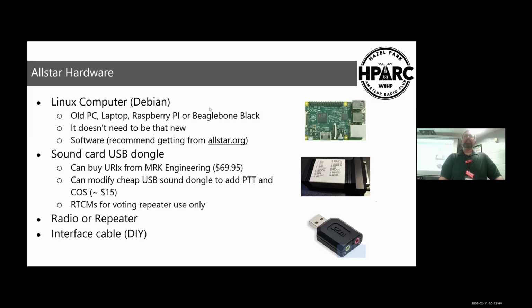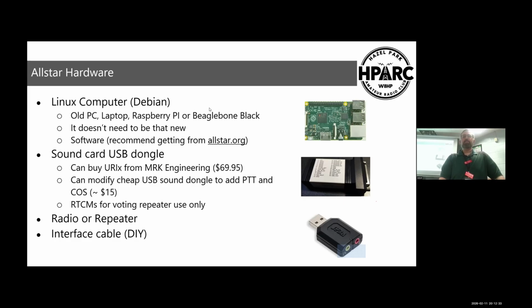Then you just need a way to interface the radio to that computer. They make devices for it. They're a little bit pricey, but it's plug and play. You just have to make sure you connect the radio right. Or if you're handy with a soldering iron, you could buy some cheap USB sound cards. You do have to do some surface mount soldering to pull out the lines for push to talk and all that. So it's a little bit more hands-on.